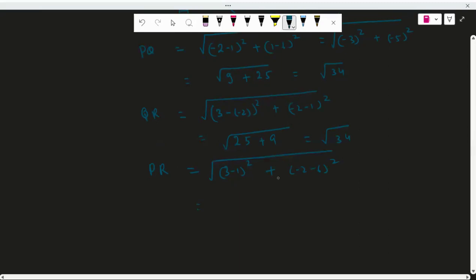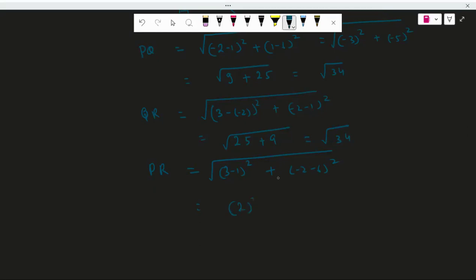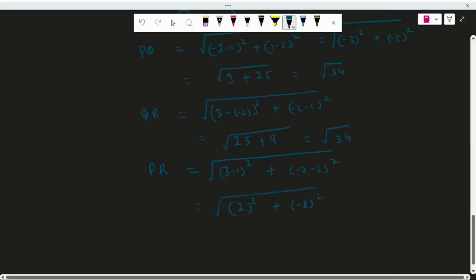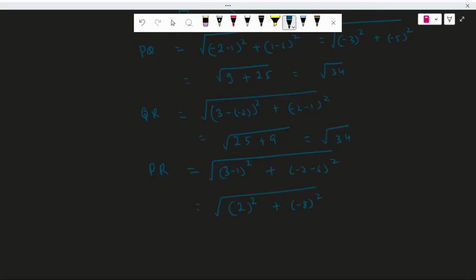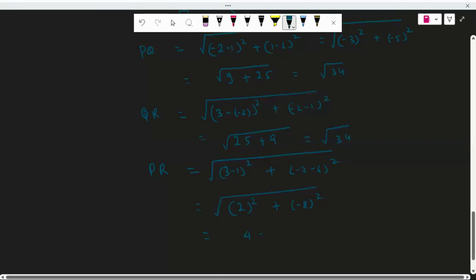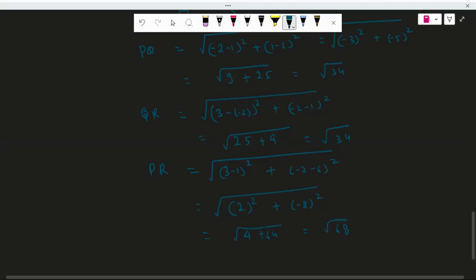So 3 minus 1 squared is 2 square, plus negative 8 square, and square root of it. So 2 square is 4 plus 64. That comes to root over 68.